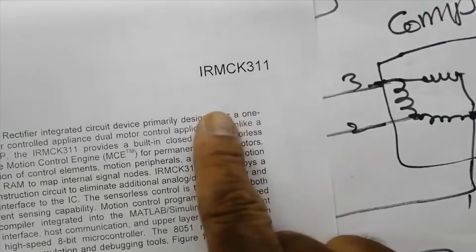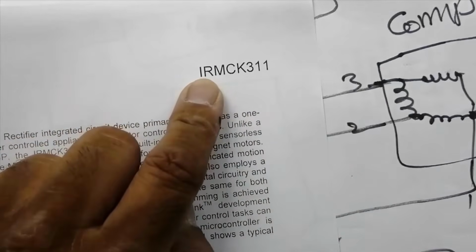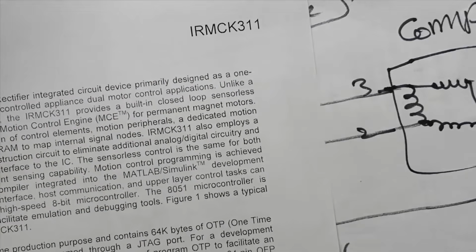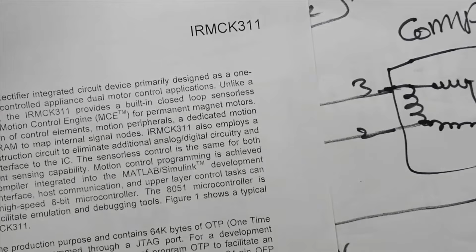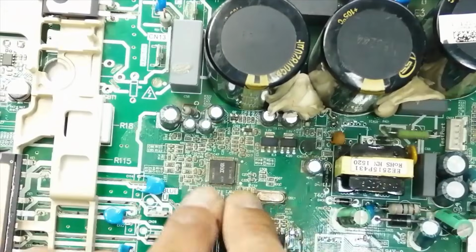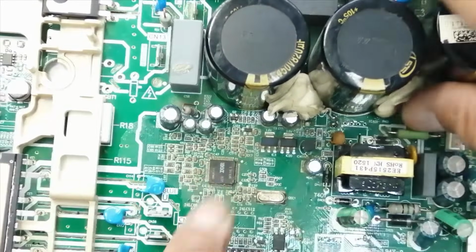This microcontroller, IR MCK311, is 8051 based. It has an 8051 processor. When we use it, it is a complete 3-phase motor drive, a 3-phase generator.